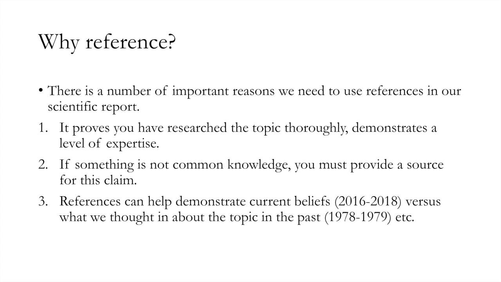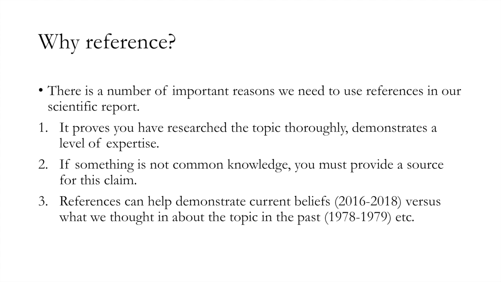But if all of your references come from 1960, then things have probably moved on substantially from then. So we want to see some modern references, and of course put in older references that are pertinent to your study. Not dismissing those, but if all of your references come from the 60s or 70s or even before that, then you might have missed quite a lot of information that could be relevant to your paper.